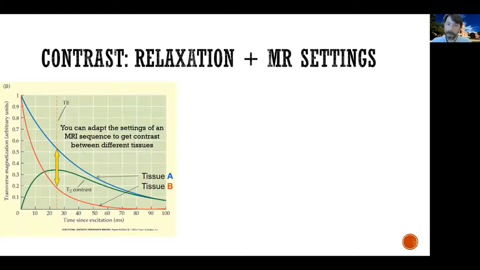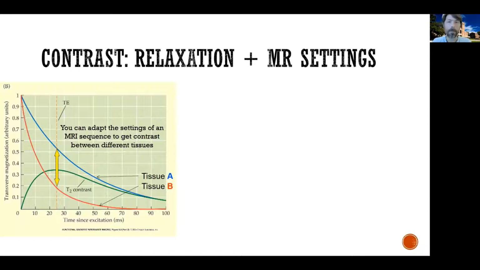Now, as we discussed a little while back, I had said that the beauty of T1 and T2 in terms of the properties of different tissues is that you can adapt the way in which you take a picture with MRI so that you can get certain types of contrast, so that in the picture you can see certain tissues more than others, or certain things more than others.